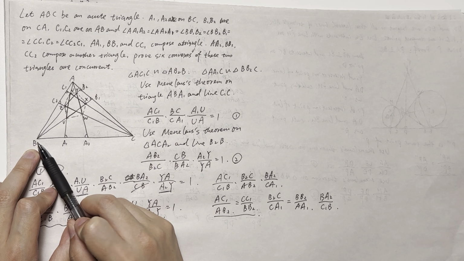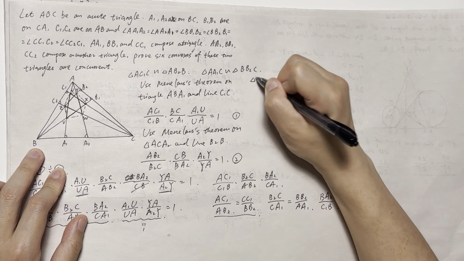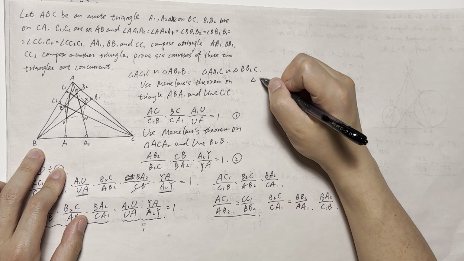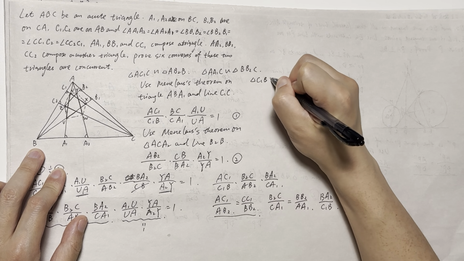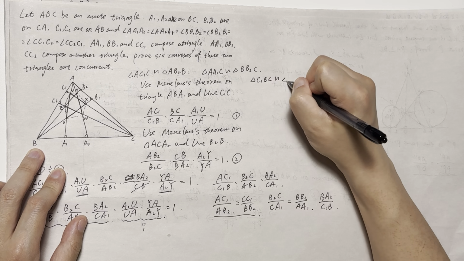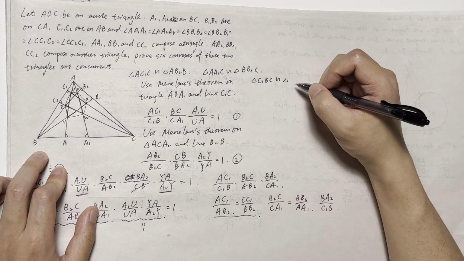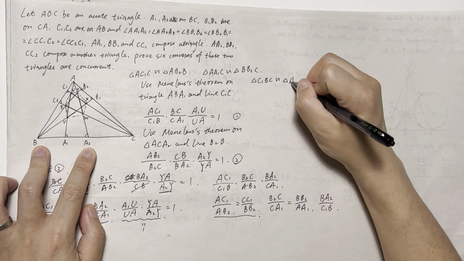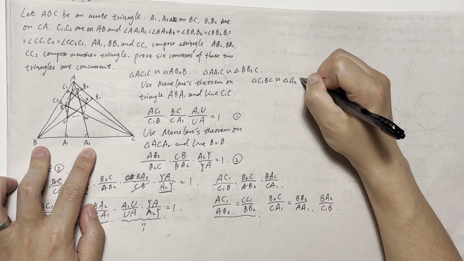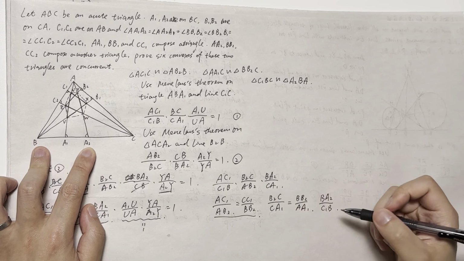So we have triangle C1BC is similar to triangle A2BA, right?